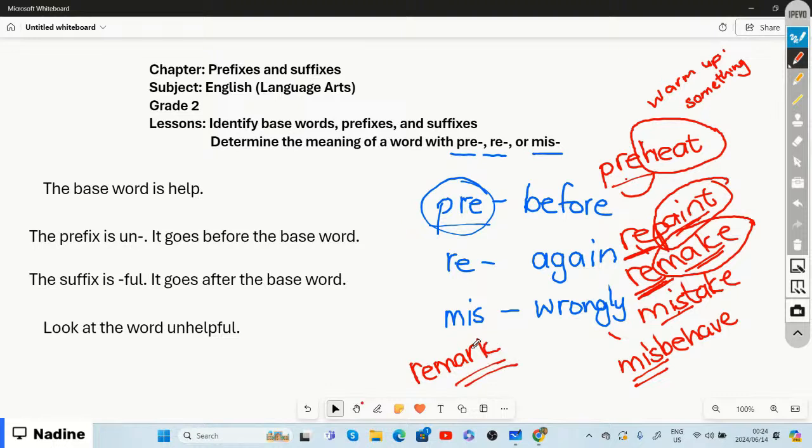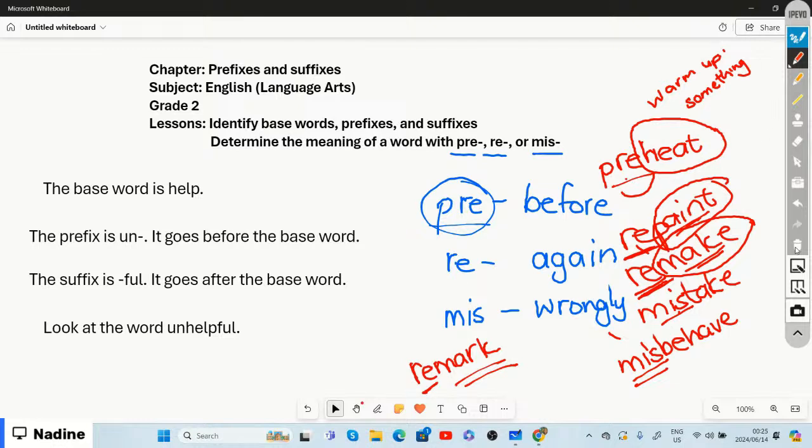So remark, it means that I am marking it again. To double check the answers is correct or the work is correct, I'm going to remark it. I'm going to mark it again. Right? So well done. Those are but a few examples of re, of pre, and of miss.